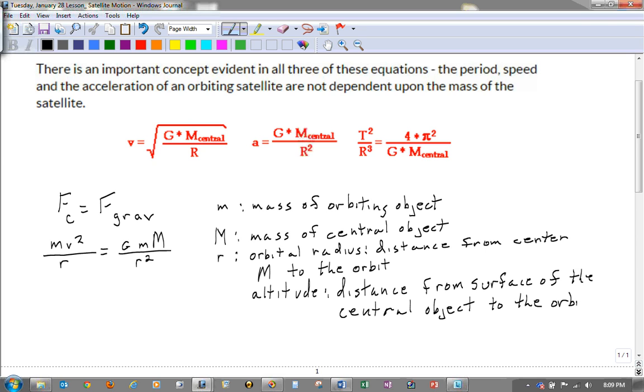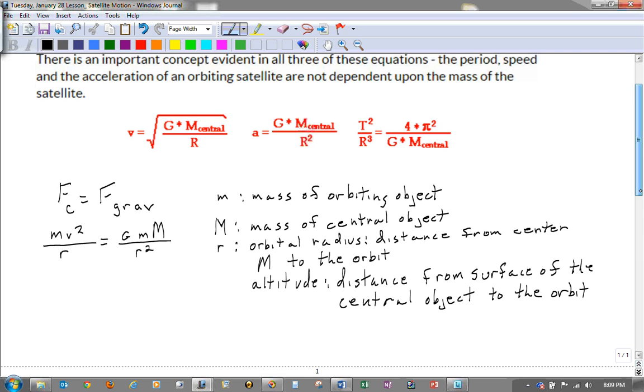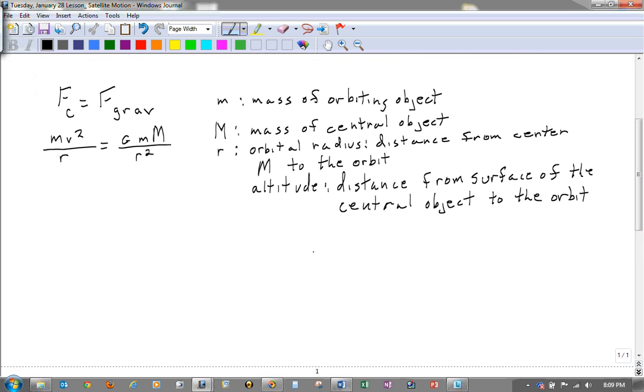So when you read problems and so forth, you want to make sure that you're visualizing it correctly. In other words, if this is my central object, and that's its radius, and then I have something in orbit around here, and this is the altitude, then this from here to here would be the orbital radius, whereas the other was the radius of the central object.